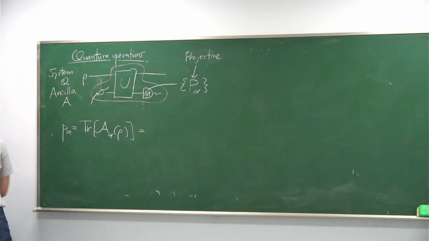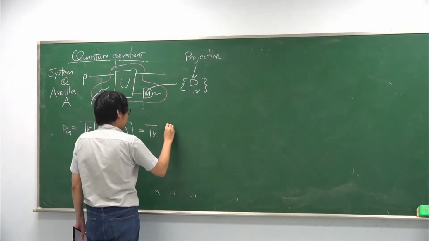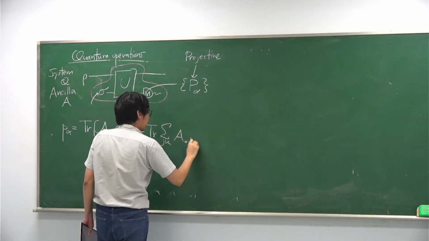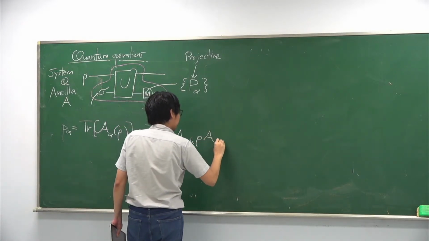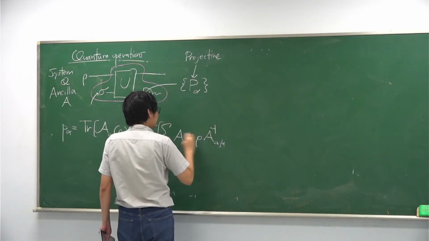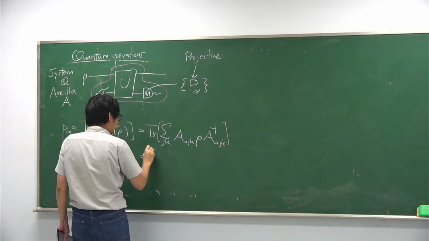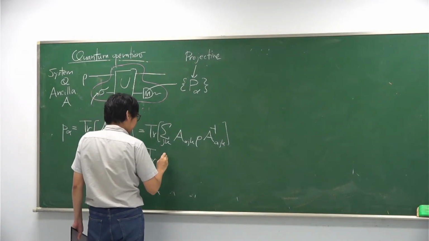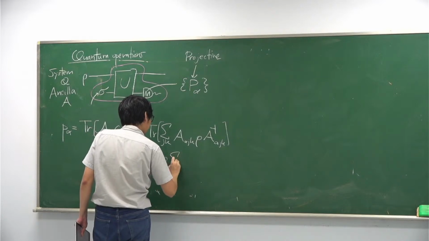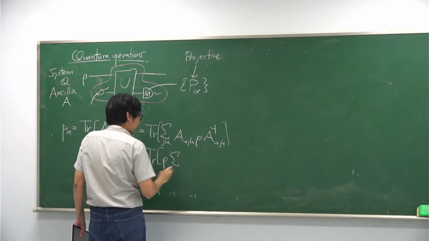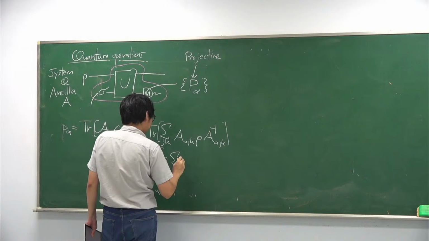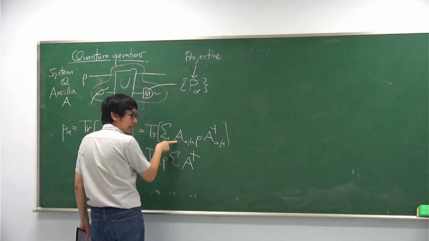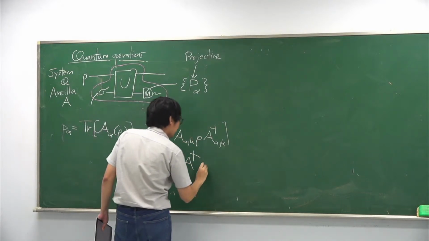All the sums have to be there. But because of the cyclicity of the trace, I can move this A to the right side.